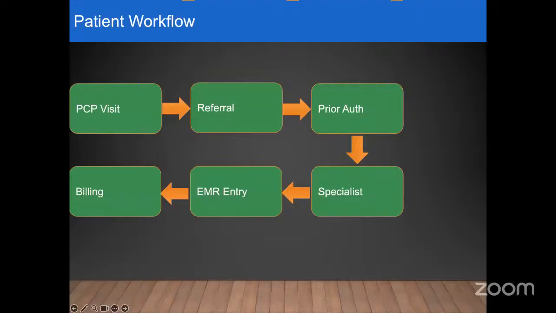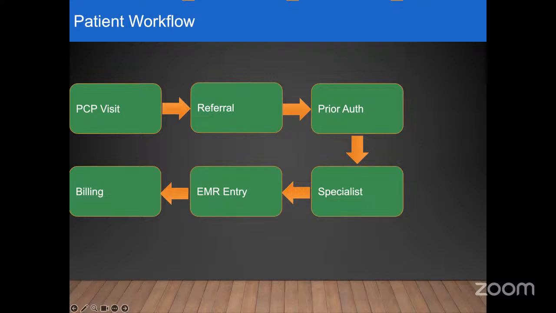So this is a workflow for all the stuff that we have just discussed. Let's take, for example, a patient with an HMO insurance plan. He comes to the PCP complaining of chest pain. The PCP gives a referral to a cardiologist. Let's say the cardiologist deemed that the patient needs a stress test.